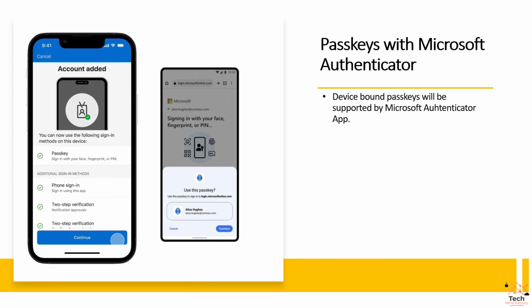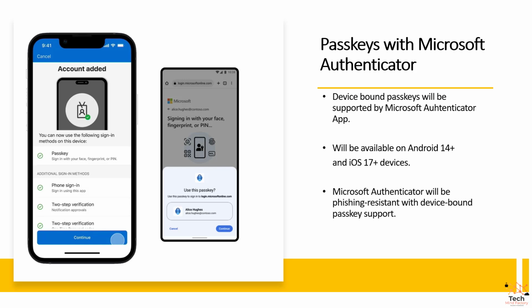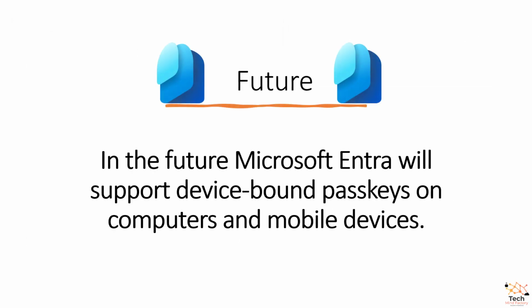Device-bound passkeys will be supported by the Microsoft Authenticator app, available on Android 14 Plus and iOS 17 Plus devices, and Microsoft Authenticator will be phishing resistant with device-bound passkey support. Which is cool, because instead of using FIDO security keys like USB keys, we will be able to use Microsoft Authenticator to store our passkeys and use a phishing-resistant authentication method. There was also one more great announcement: in the future Microsoft Entra will support device-bound passkeys on computers and mobile devices.